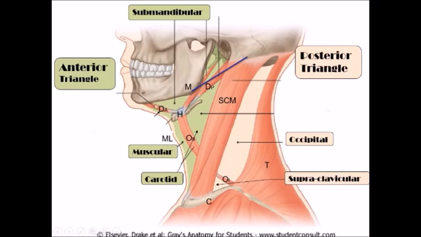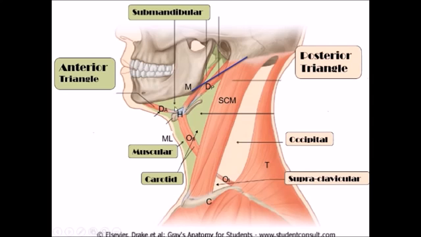Superiorly we have the base of the mandible itself, as well as the imaginary line drawn from the angle of mandible up to the mastoid process. And anterior-inferiorly, what is this muscle? This is the digastric muscle, anterior belly of the digastric. Posterior-inferiorly we have the posterior belly of the digastric.